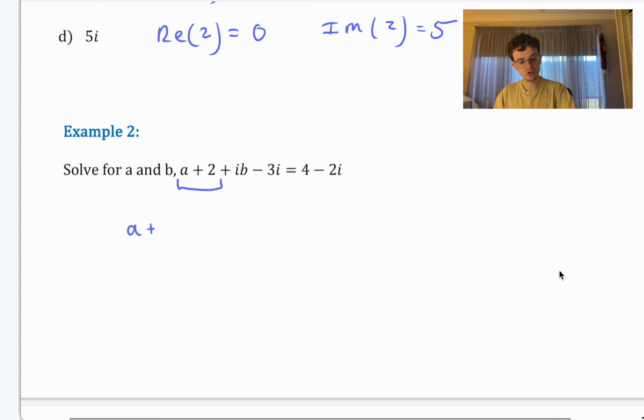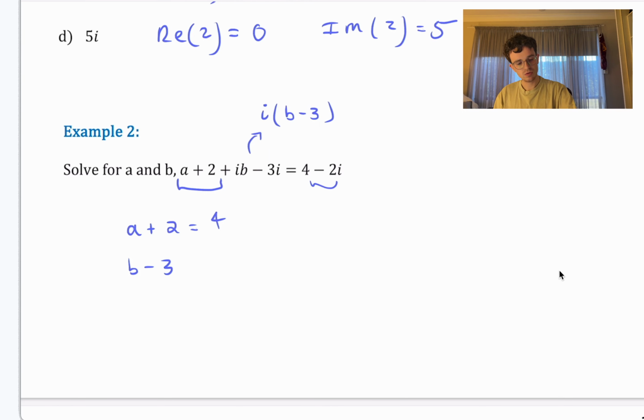So a plus 2 is equal to 4, and the imaginary component is, well, this is the same as saying i times b minus 3. The imaginary component is b minus 3, and that has to be equal to minus 2. So here we've got b is equal to 1, and a is equal to 2.